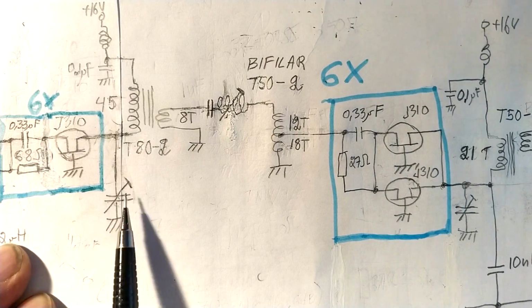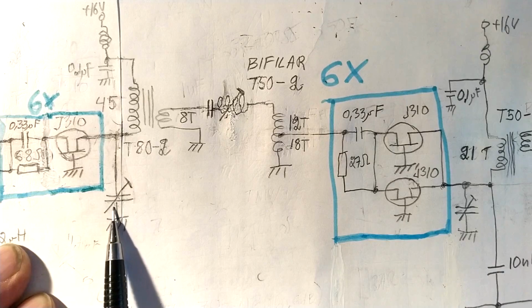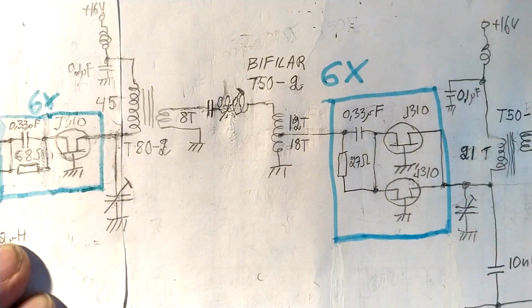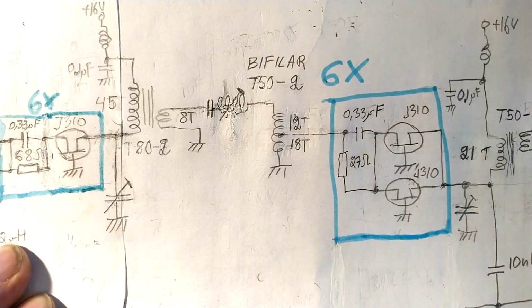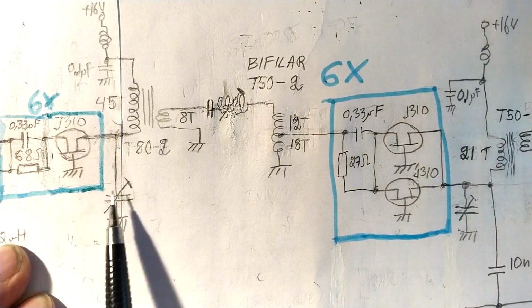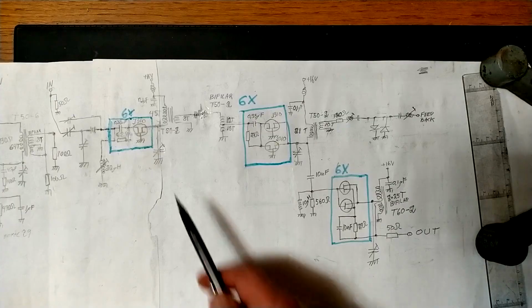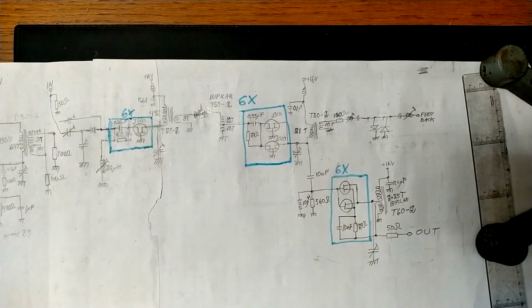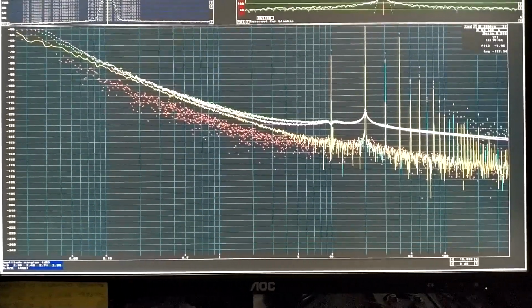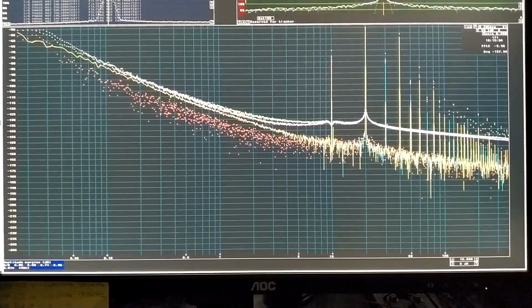And then this capacitor should be tuned for minimum noise when there is no signal. Means connect nothing to the input and measure the signal level at the output and tune for minimum with this one. When tuning this one, the frequency should be set well away from the crystal resonance, a couple of kilohertz. What I see now is a bit unexpected.